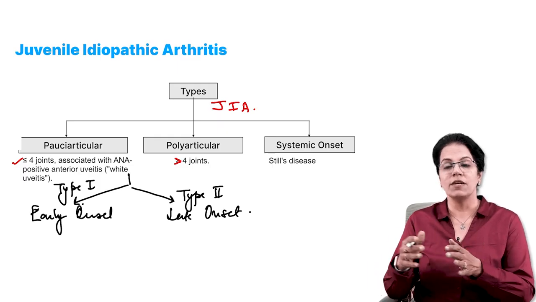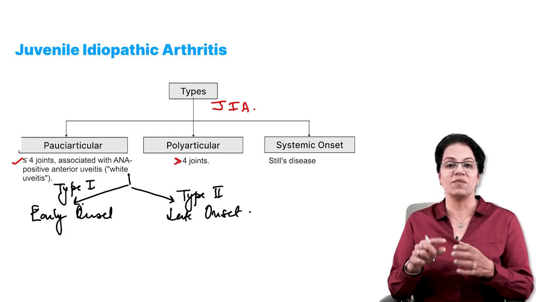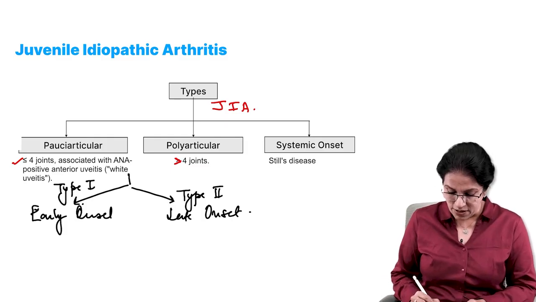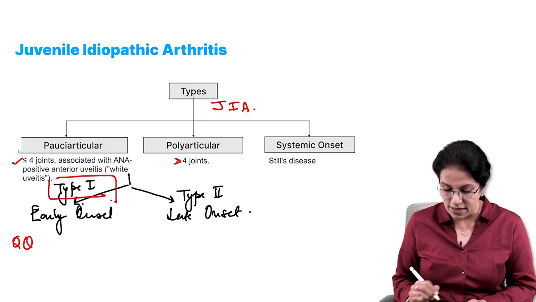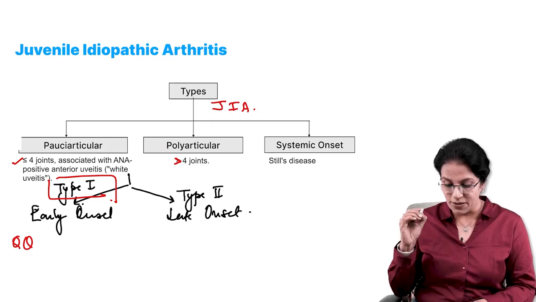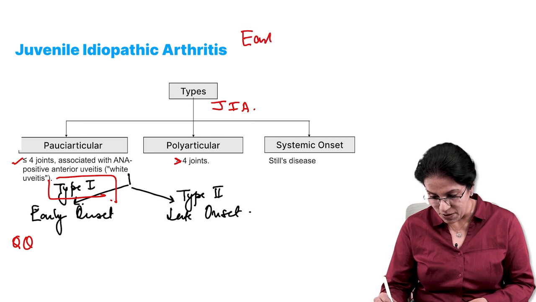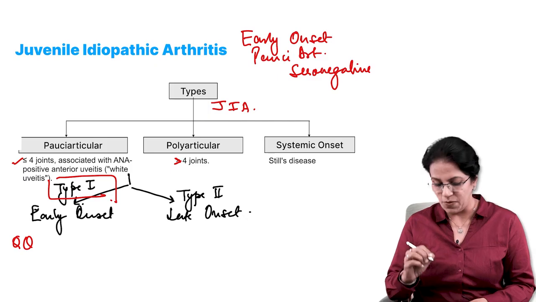It's not like pauci, poly. It is only type 1 pauci-articular JRA which is associated with uveitis, and this is your very important repeated question. Got it? So, we will learn it is mainly type 1 early onset pauci-articular, and if I fully describe it, it will be early onset pauci-articular seronegative JRA which is associated with uveitis.